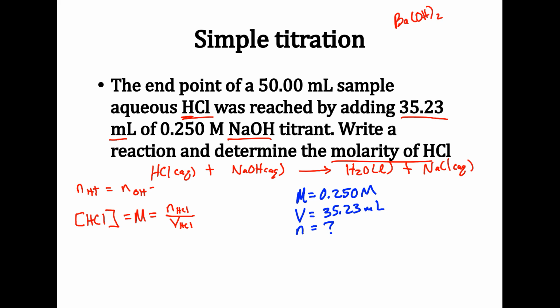So we can do this by saying, okay, we know that molarity is equal to moles over volume. So we're rearranging for our moles. We'll have moles is equal to molarity times volume. Plugging in for the sodium hydroxide, we have 0.250 molar times the volume, which we need to convert to liters.